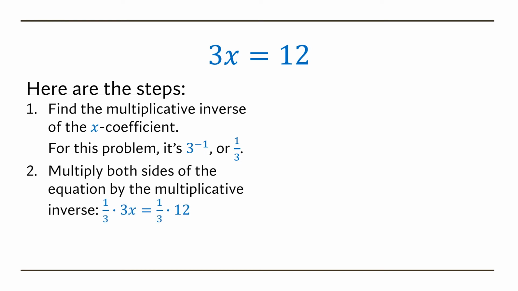The next step is to multiply both sides of the equation by the multiplicative inverse. So we would get 1/3 times 3x on the left side, and 1/3 times 12 on the right side. Now, you may say to yourself, oh, but isn't that the same as dividing by 3?